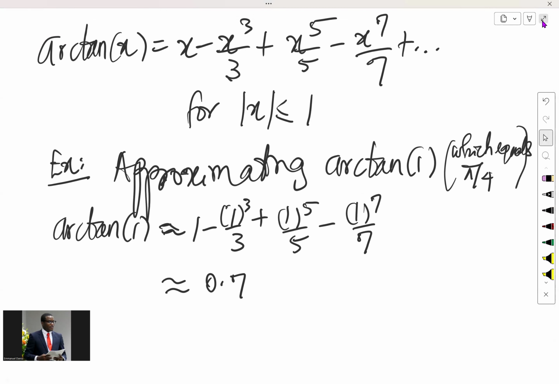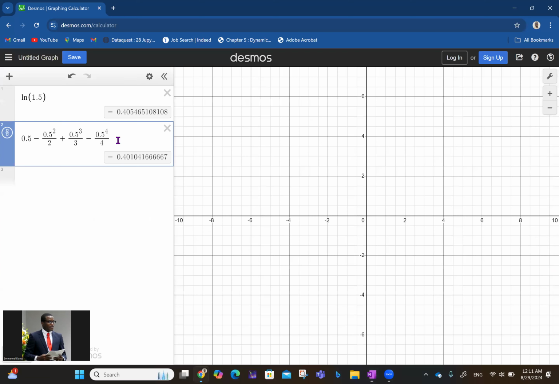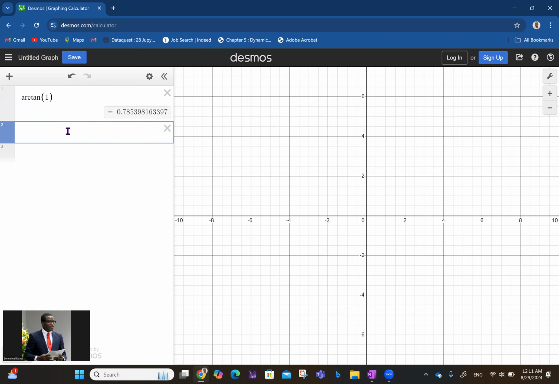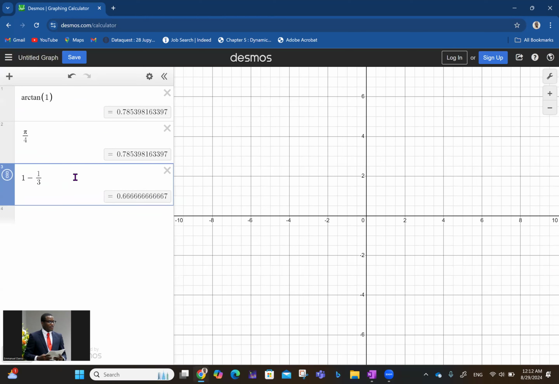So let's go to decimals to see what happens with that. Arctan of 1. So normally arctan of 1 is 0.7853, which is, of course, like pi divided by 4. You can see the value is exact. So if we use approximation now, we are saying this is 1 minus 1 divided by 3 plus, of course, 1 raised to power 3 is 1.